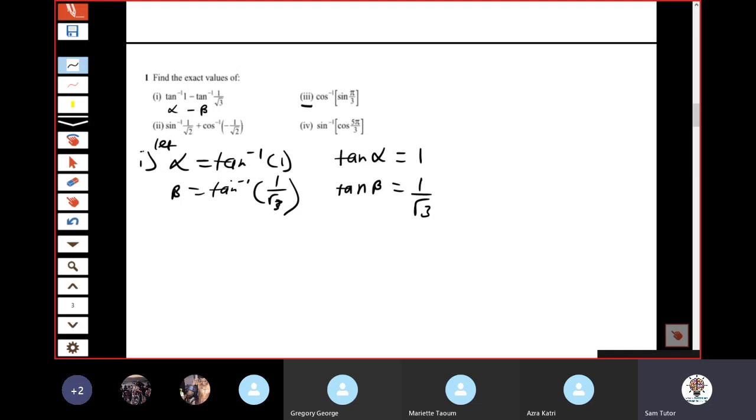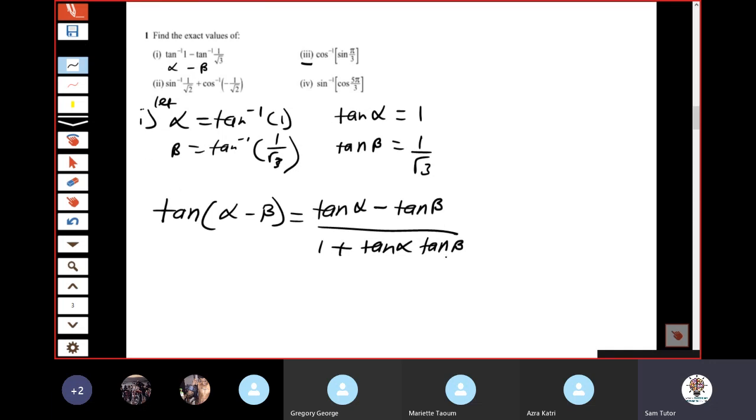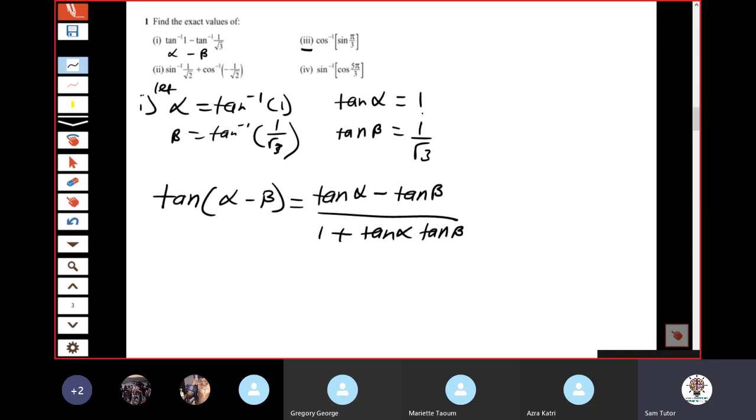So this alpha minus beta comes from tan of alpha minus beta. The reason I'm choosing that is because when I expand this, I get tan alpha minus tan beta on 1 plus tan alpha tan beta. From that, I know what tan alpha is.